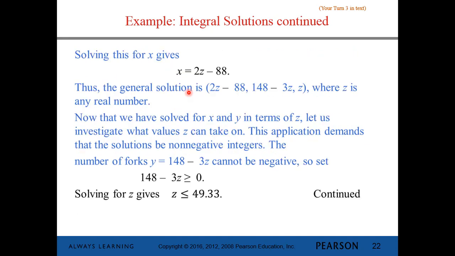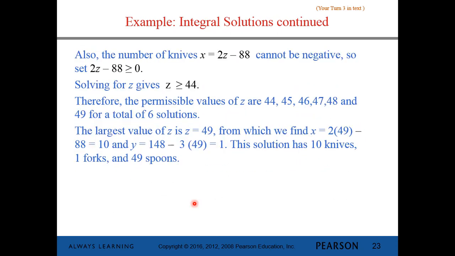So z has to be less than or equal to 49.3, but also bigger than or equal to 44. Therefore, the permissible values of z, the number of spoons, can only be 44, 45, 46, 47, 48, and 49. So there are a total of 6 solutions.